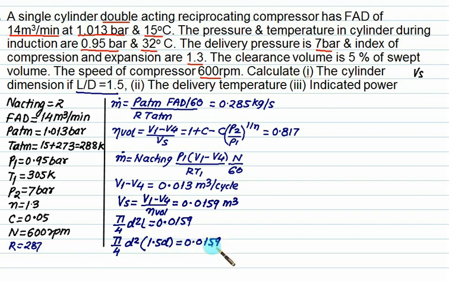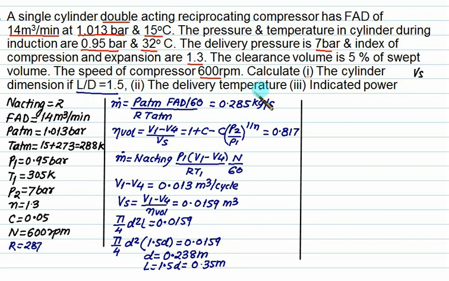So this becomes the cube of D, and therefore we can solve for the diameter, and the diameter comes out to be 0.238 meters. Hence we can calculate the stroke length, which equals 1.5 times the diameter, 0.238 multiplied by 1.5, is 0.35 meters.